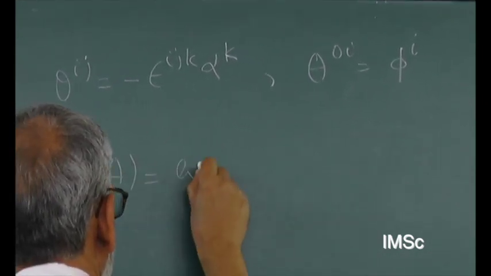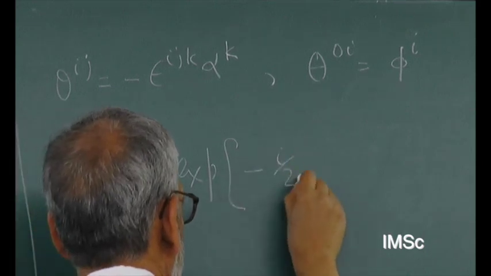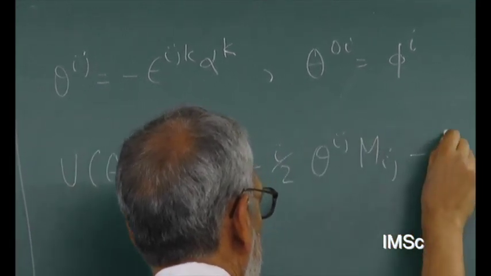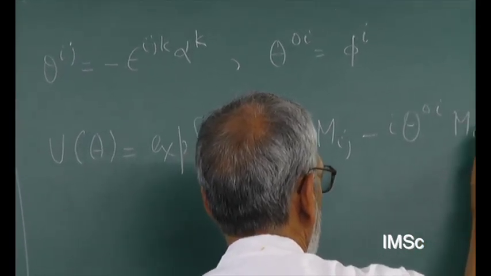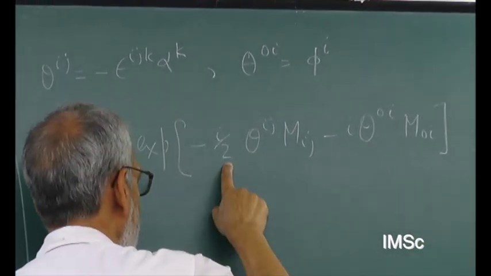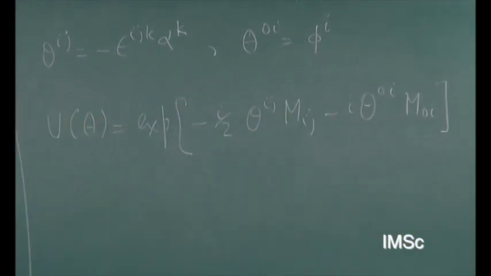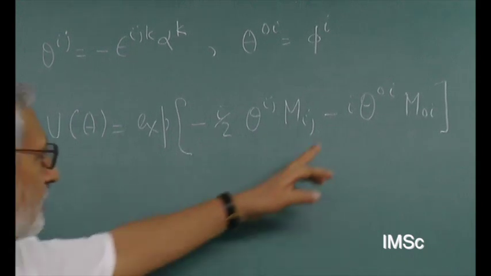U theta, which was exponential, let me break it into components: theta ij Mij minus i theta 0i M0i. Half here, half goes away here because there are two of these. 0i and i0 are the same up to a sign, so they add up.